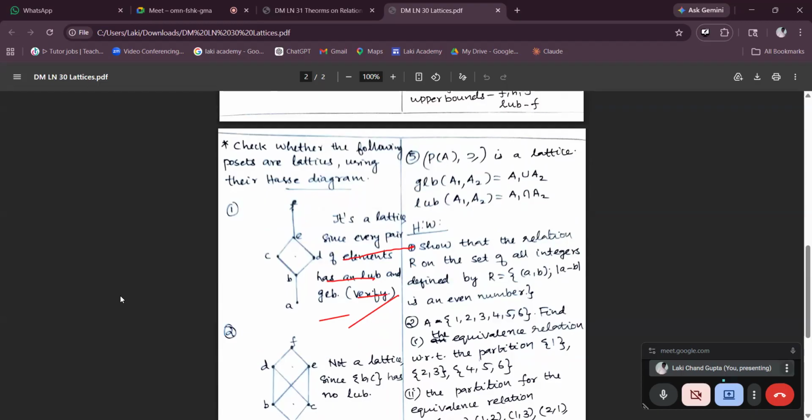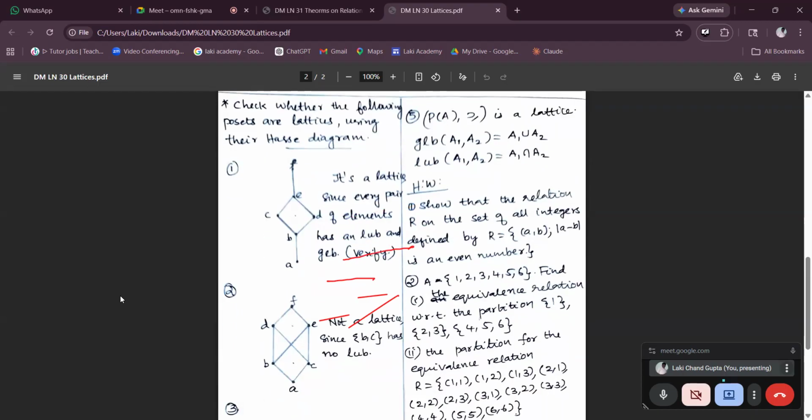Check whether the following posets are lattices using their Hasse diagram. They only write what? It's a lattice since every pair of elements has an LUB and GLB. Then how can you say every pair of elements has LUB and GLB? Without finding it, how can you say?